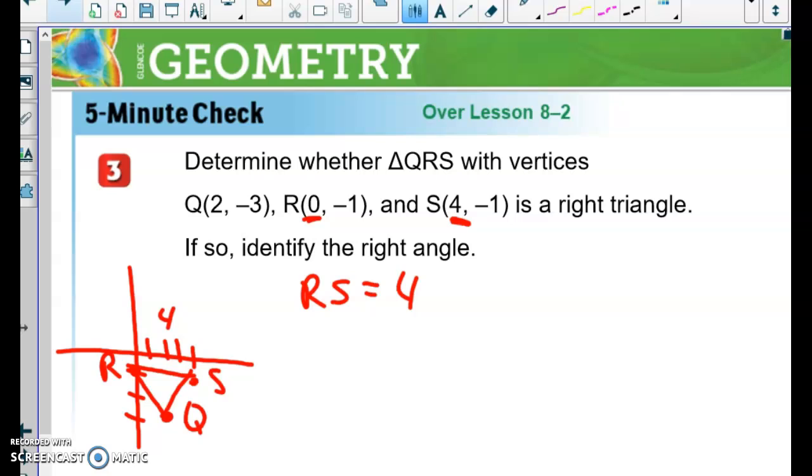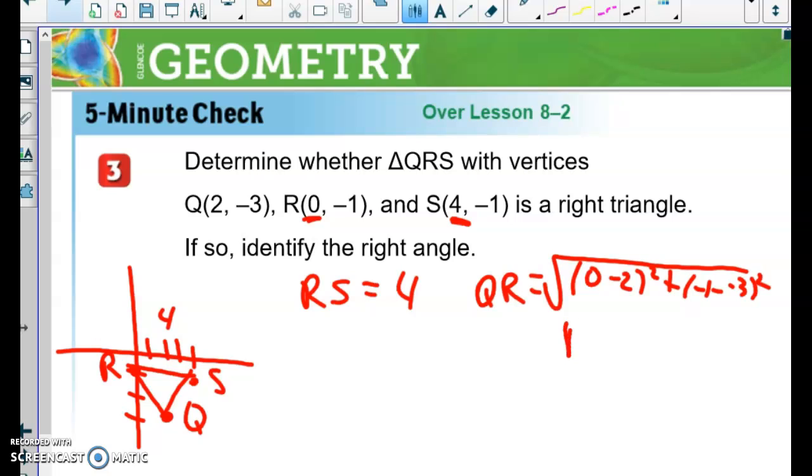But I need to find the other 2 lengths, so I'm going to use my distance formula to find QR. I'm going to go with x2 minus x1 squared plus y2 minus y1 squared, which gives me 2 squared, or -2 squared, which is the same thing. 2 negatives makes a positive, plus another 2 squared, which gives me 4 plus 4 is 8, which is 2 root 2, or the square root of 8.